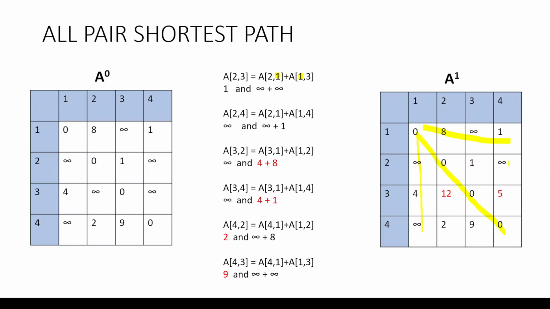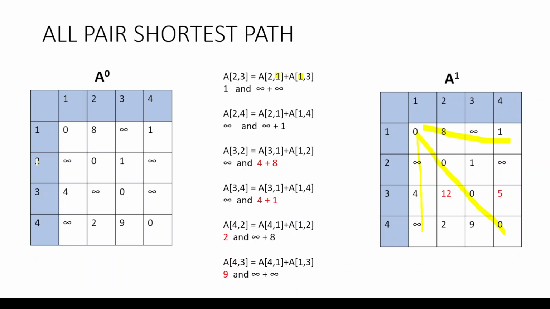Now we'll go for the next one, that is 2 and 4. There is an edge from 2 to 4 where the cost is infinity because I don't know the value of the cost. Now I need to find if there is a path that exists from 2 to 1 and 1 to 4. I am checking A of 2 to 1 plus A of 1 to 4.